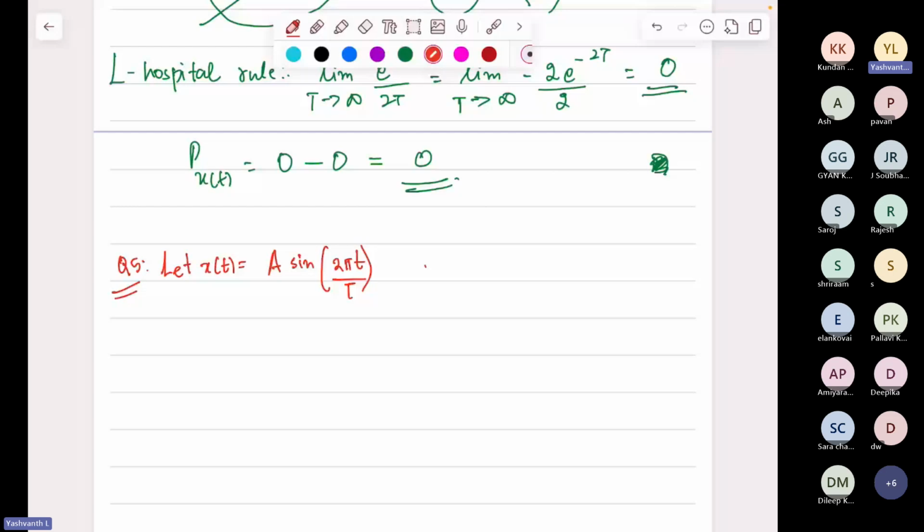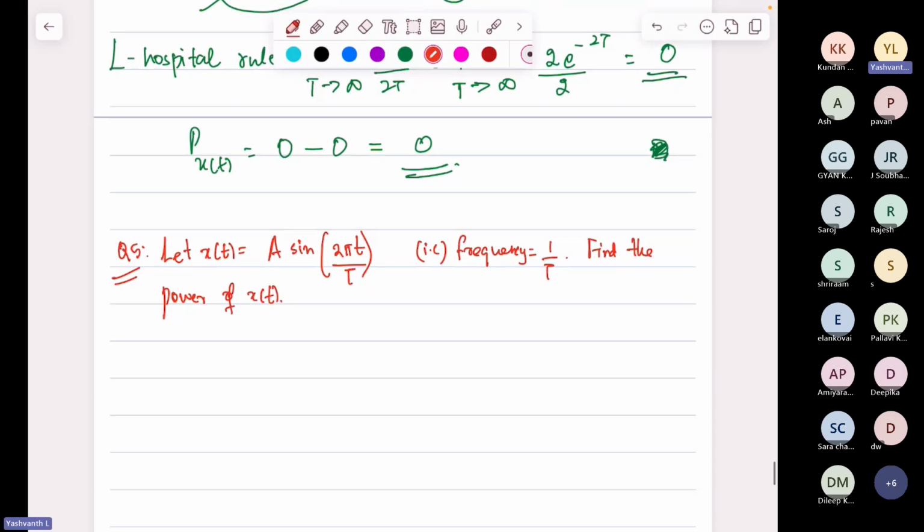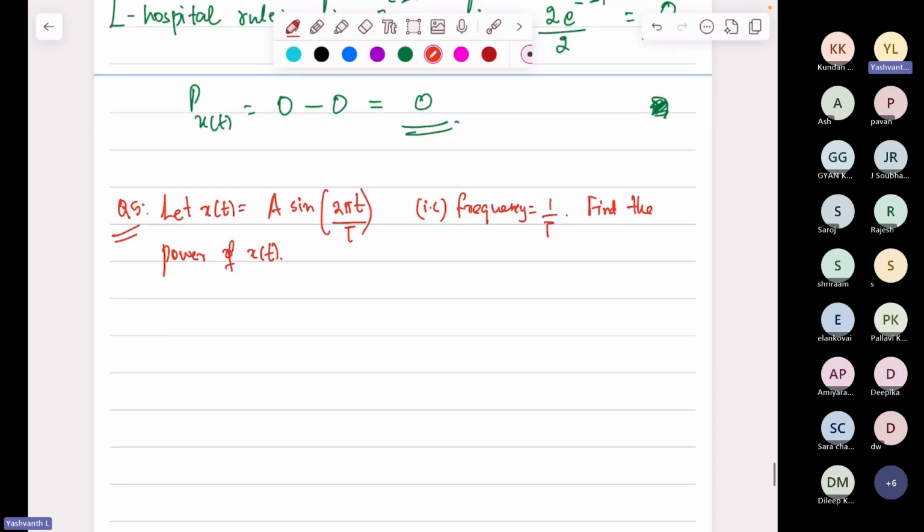Here f is nothing but 1 by T, that is, frequency is equal to 1 by capital T. Let x of t be this a sine 2 pi t by capital T. The question is to find the power of x of t. Very simple question, but the answer is a very interesting property which you can all remember easily.